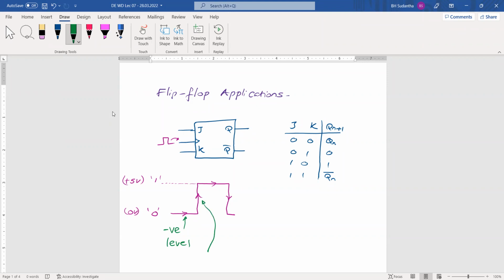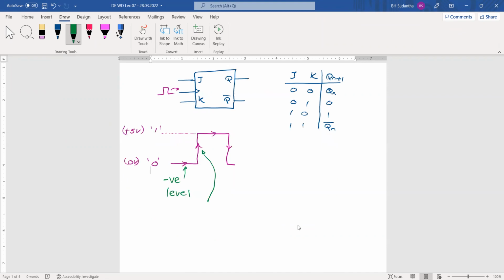And this one is the rising edge. This is the positive level. And this one is the falling edge. This is the rising edge, falling edge.